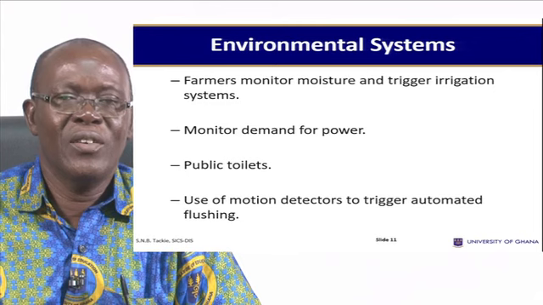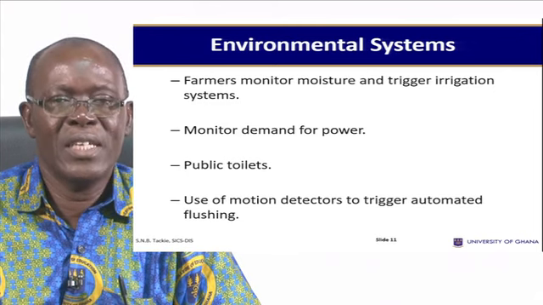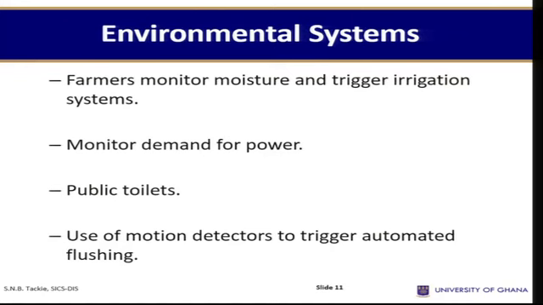We also have environmental systems, where farmers can monitor moisture and trigger irrigation systems. For example, they can monitor the moisture content in the soil, and then it will automatically trigger irrigation systems to begin operating. There are monitors for areas where more power is needed.